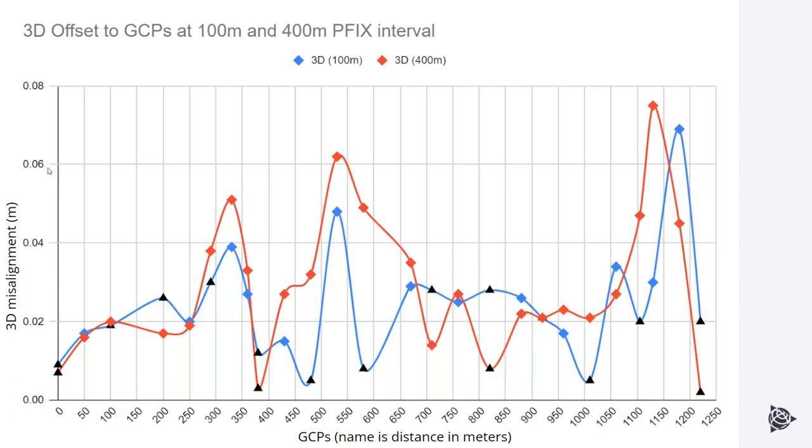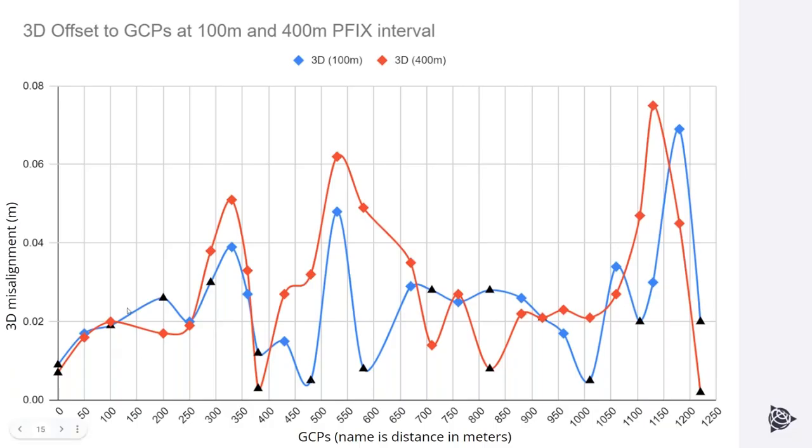The vertical axis here is the 3D misalignment to GCP, and the horizontal axis is the distance of GCPs, and the name of the GCP is the distance in meters. All the black triangles are measured pfixes, and all the rest of these dots were used as checkpoints, basically. So the offset was measured at each point that you see with the black triangle where pfix was applied.